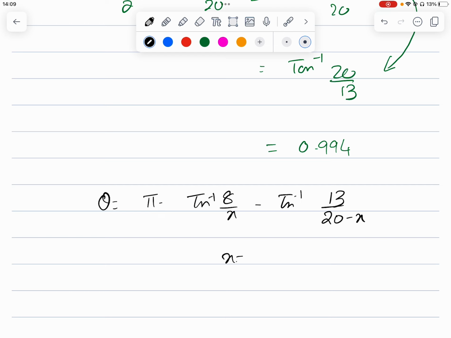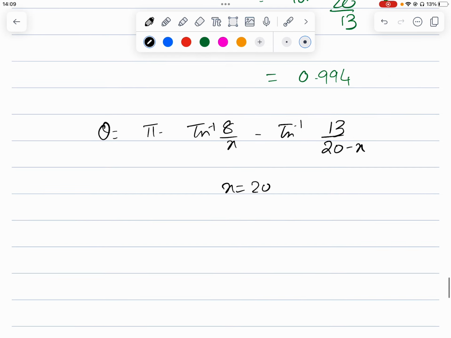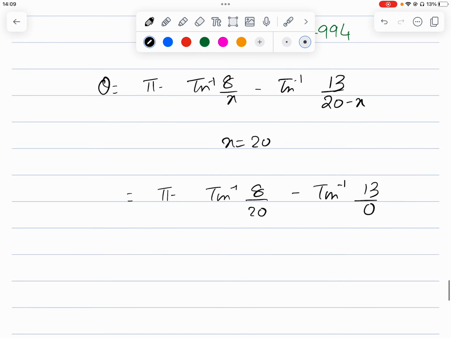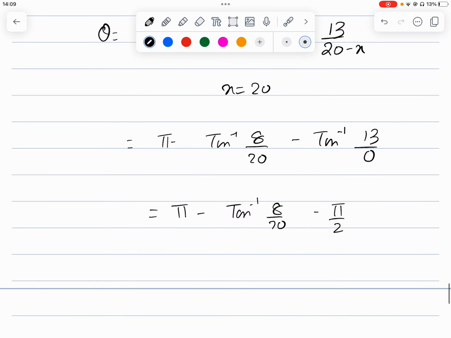Now x equals 20, so it becomes pi minus tan inverse of 8 upon 20 minus tan inverse of 13 upon 0. 13 upon 0 gives pi by 2. So pi minus tan inverse of 8 upon 20 minus pi by 2. Pi minus pi by 2 is pi by 2, so pi by 2 minus tan inverse of 8 upon 20.